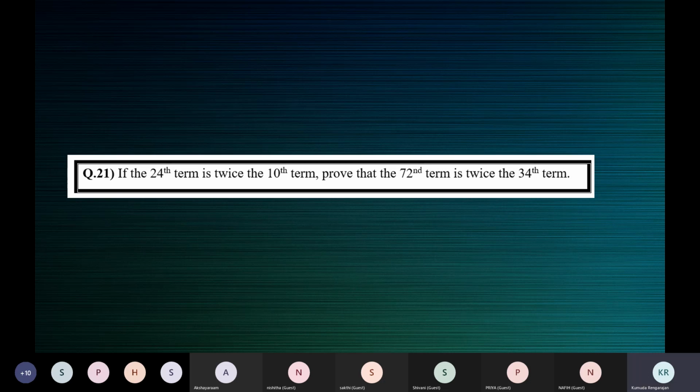If the 24th term of an AP is twice the 10th term, prove that the 72nd term is twice the 34th term. I'm not explaining this, I'm just going to work it.